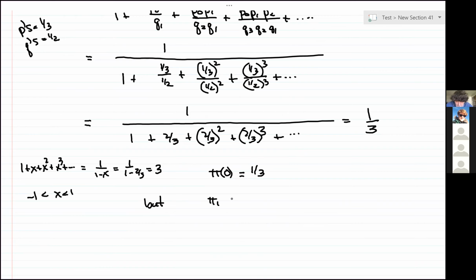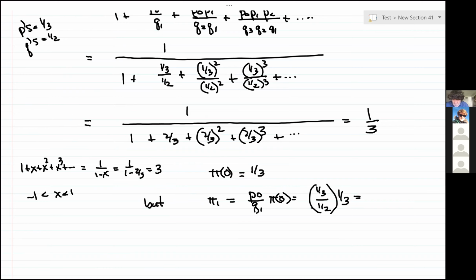Pi 1 was p0 over q1 times pi 0. This thing is 1/3 for pi 0, all the p's are 1/3, all the q's are 1/2. So what does this turn out to be?